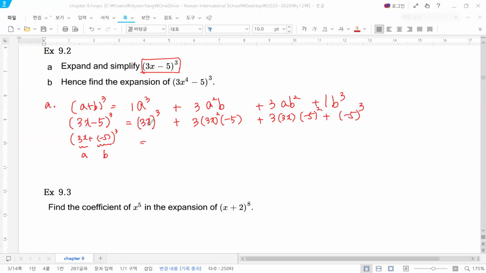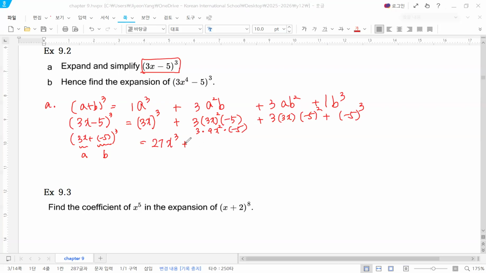Then calculate it. 3x cubed means 3 cubed x cubed. 27x cubed plus, okay, it may need more, 3 times 9x squared times negative 5. Students, let's multiply out the numbers together fast. 3 times 9 times negative 5. What is it?